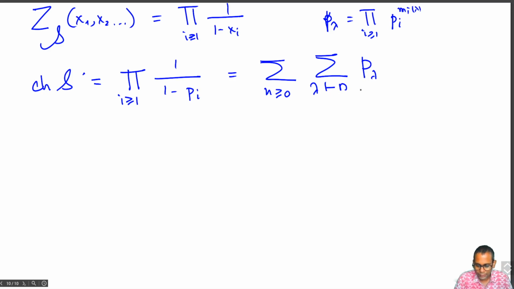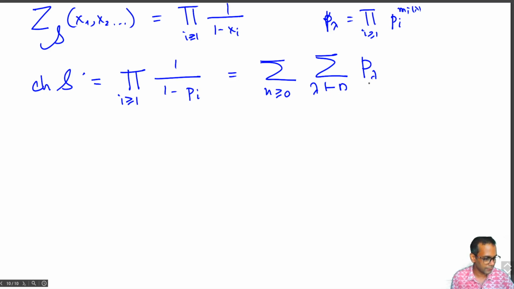And let's try to expand this in terms of Schur functions. So we know from the representation theory of symmetric groups, or from the theory of symmetric functions, that in the expansion of power sum symmetric functions in terms of Schur functions, the coefficients are given by the character values of the symmetric group. So let me just recall how this works.